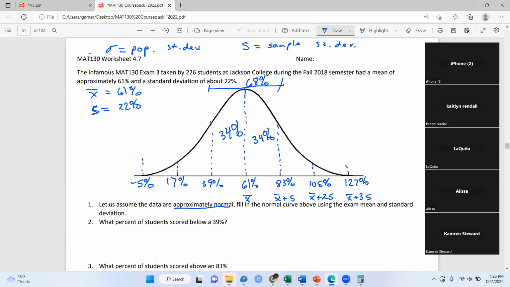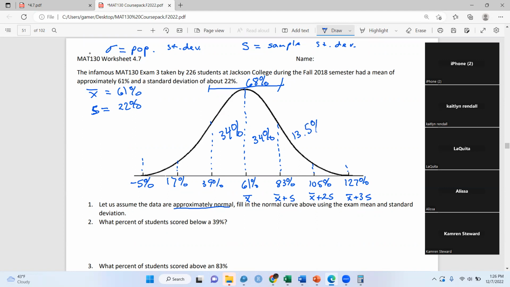What that means is 68% of the students who took the exam scored between 39% and 83%. That's the claim, right? That's what, if these are normally distributed test scores, that would be true.